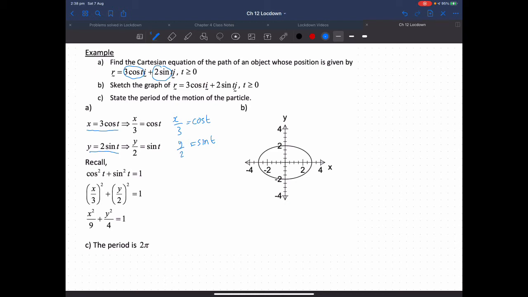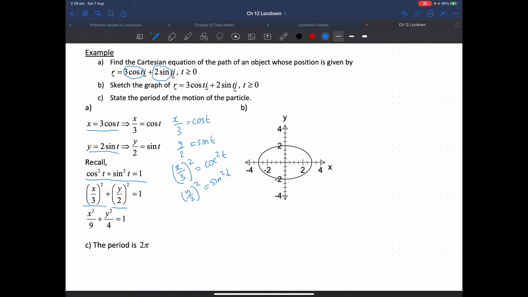What I am going to do though is recognize the relationship for the circular function identity cos squared t plus sine squared t equals 1. So squaring, I get x over 3 squared equals cos squared t, and squaring y over 2, I get y over 2 squared equals sine squared t.